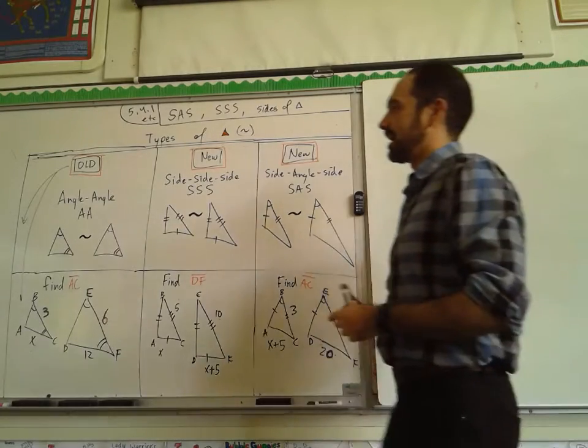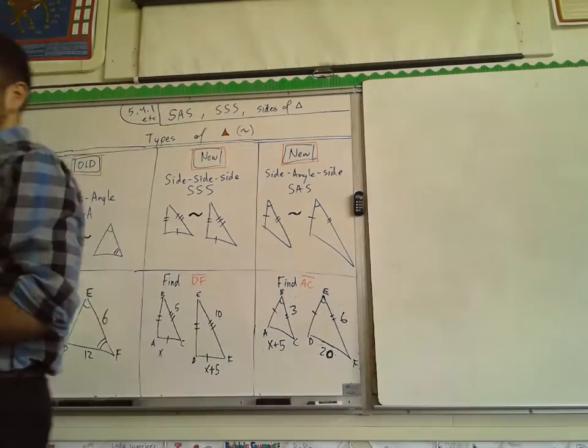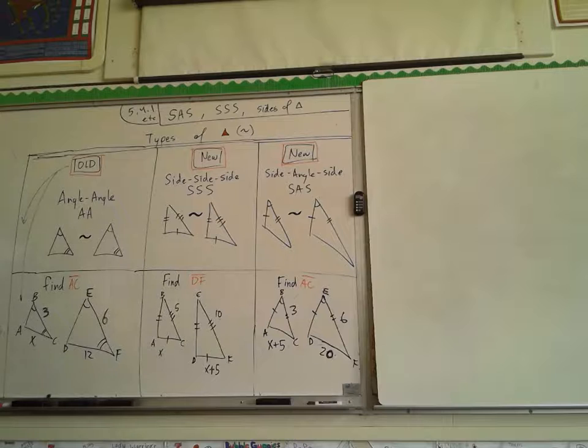All right, so looking at this, we know how to solve this already. We go ahead and connect what corresponds to 3, and who could tell me why? What corresponds to 3? 6, and why did you say that? How did you visualize that that side is the same on that other triangle?